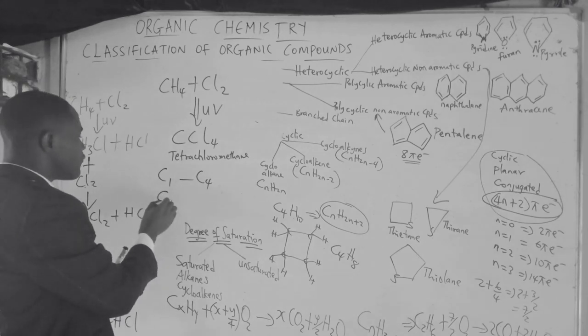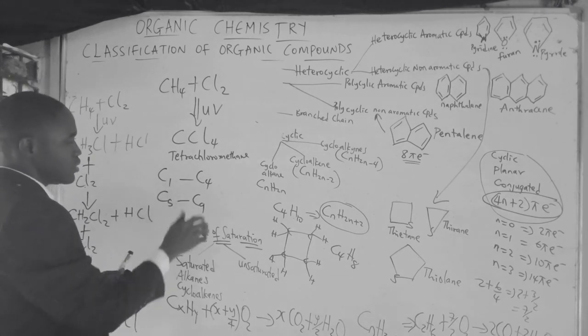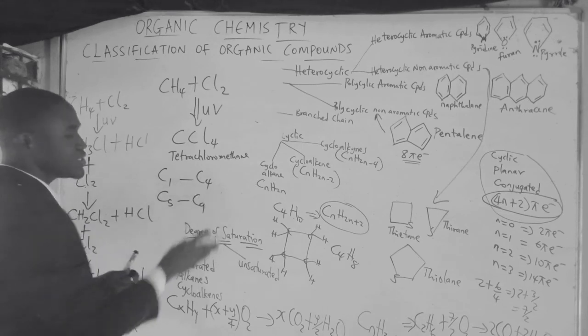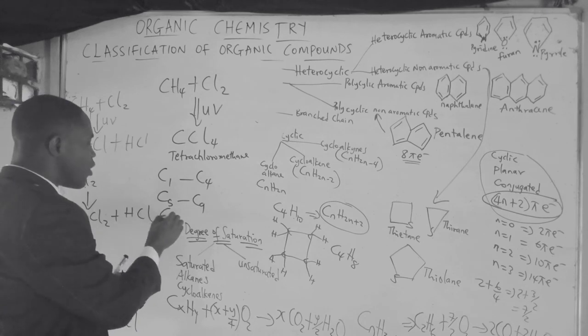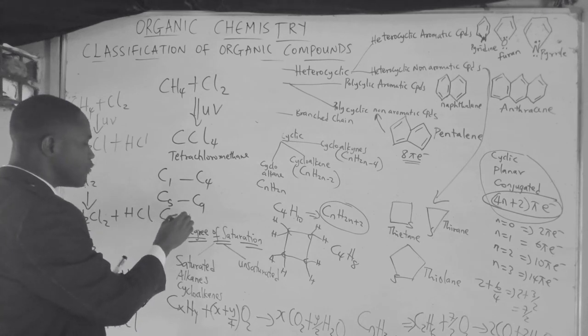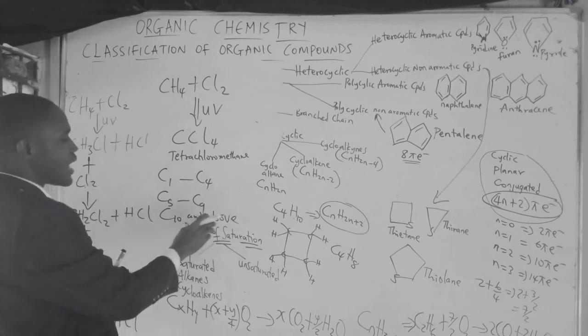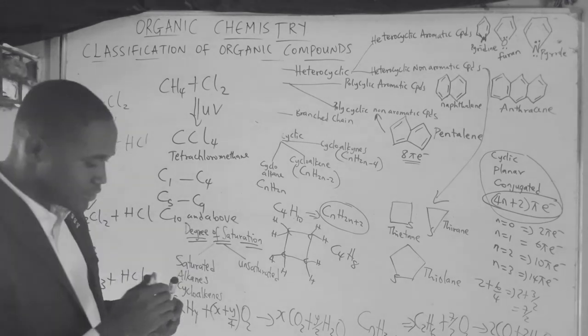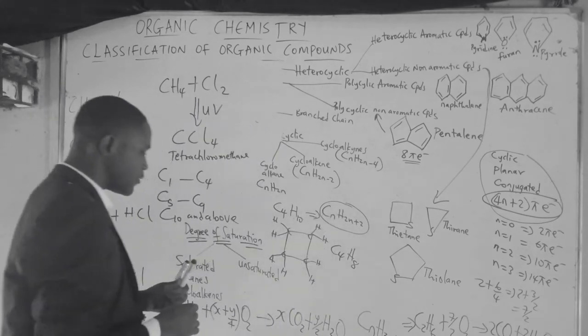Then carbon 5 to carbon 9, that is pentane to nonane, are liquids at room temperature. Then alkanes of higher carbon, that is carbon 10 and above, are quasi solid. That is for the saturated hydrocarbons.